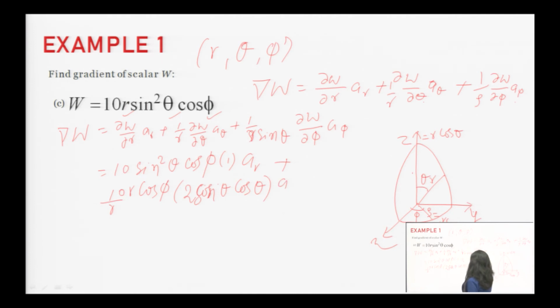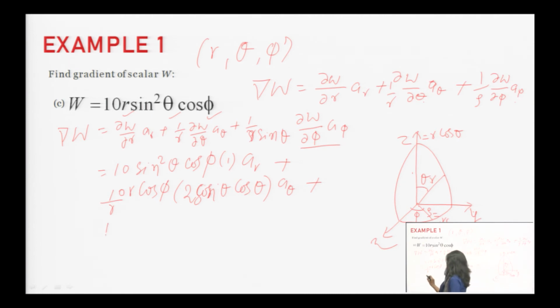This will be multiplied by the unit vector a theta. Plus, in the third term we need to differentiate this w term with respect to phi, so all other quantities except phi will act as a constant and will come as it is here, but before that we need to write this coefficient also.